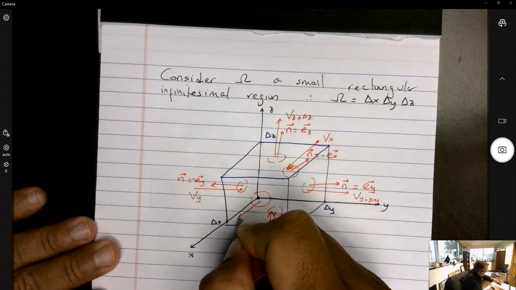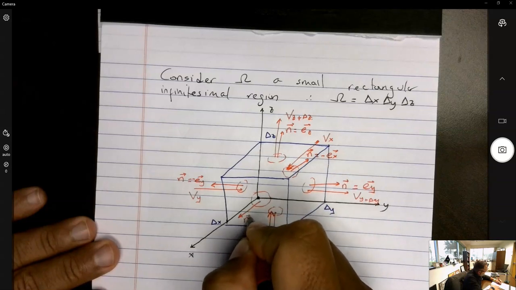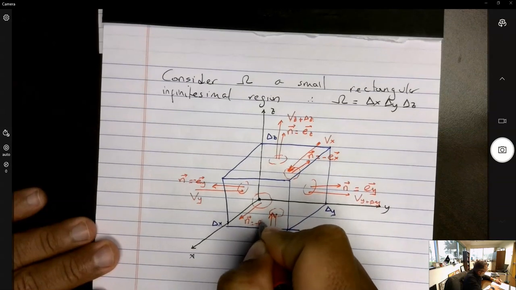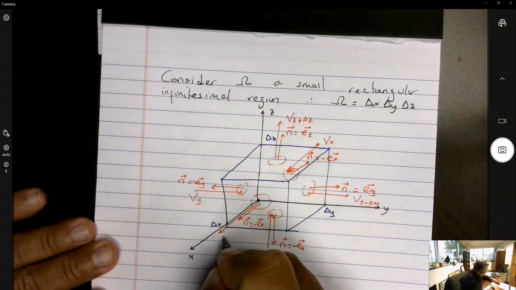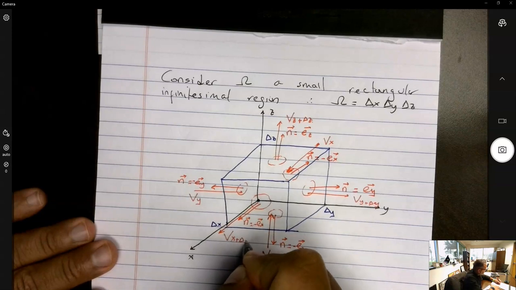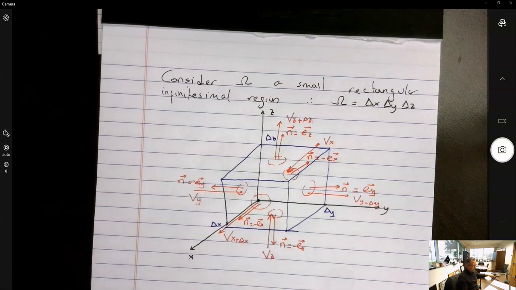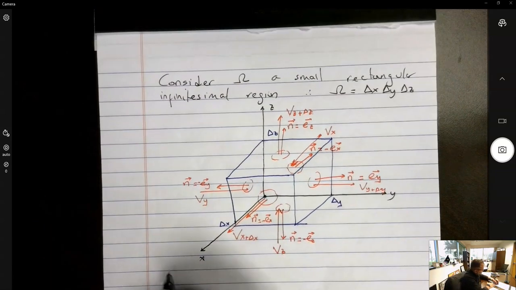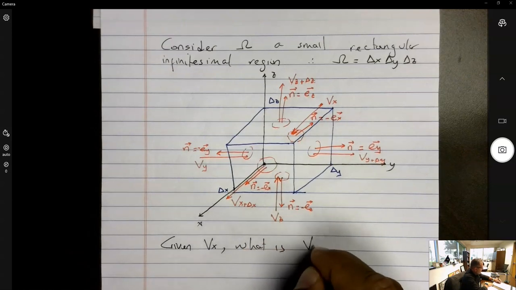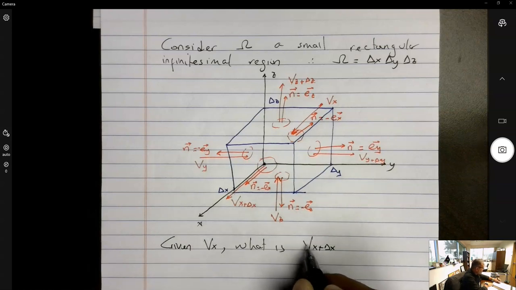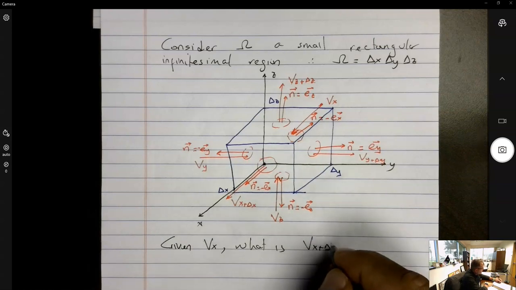And in here, the normal vector is Ex, and the velocity field is Vx at x plus delta x. Now, given the component Vx, what is Vx at x plus delta x? Again, it's not Vx plus delta x, it's Vx at x plus delta x.